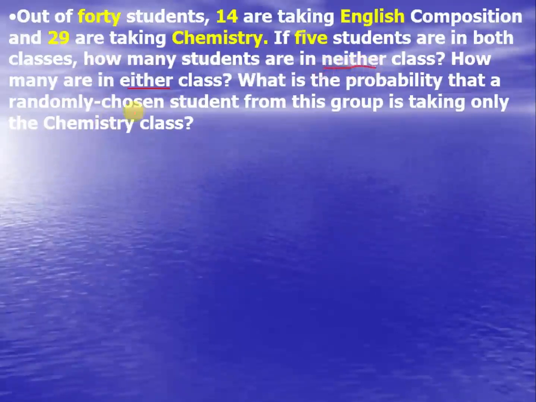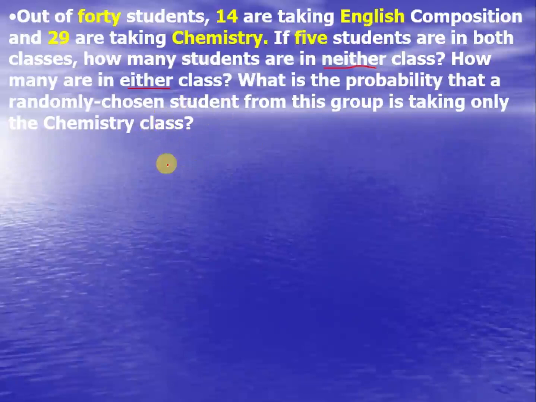and either. So what is the probability that a randomly chosen student from this group is taking only the chemistry class? Now, the first thing is to represent this whole information in the simplest form.